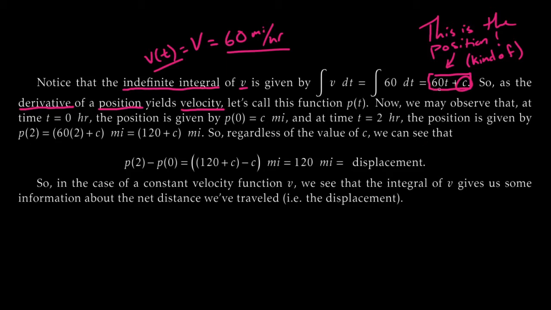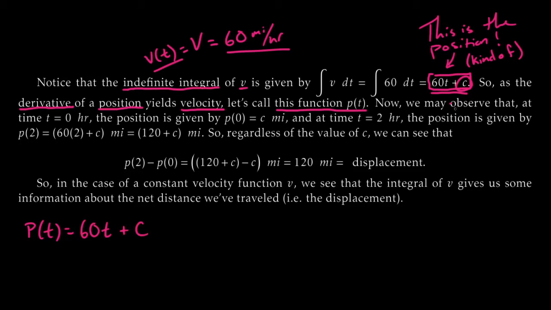What we get back right here is the position up to a constant. To know what that constant is, we need a little bit more information. So let's call this function p of t. That is, let's let p of t be given by 60t plus a constant.